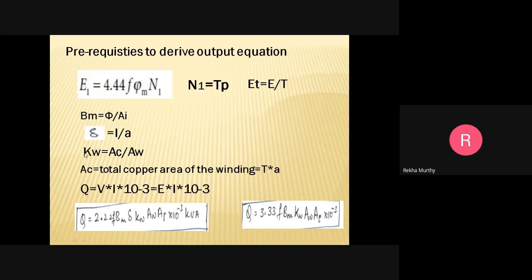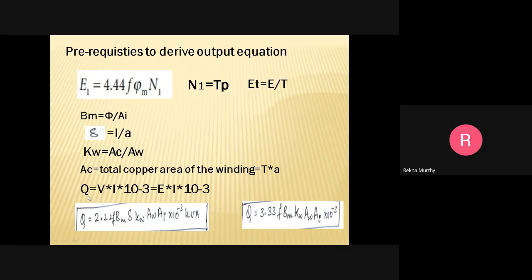From here onwards, only two formulas will be new for you: two and this one, three. These others are basic things you have already come across. Now, one more relevant thing. KVA is equal to the product of volt into current, volt ampere into 10 power of minus 3. Since it is expressed in KVA, you write VI into 10 power of minus 3.